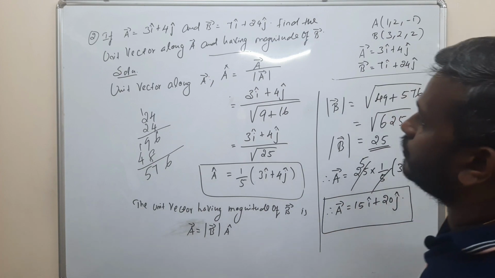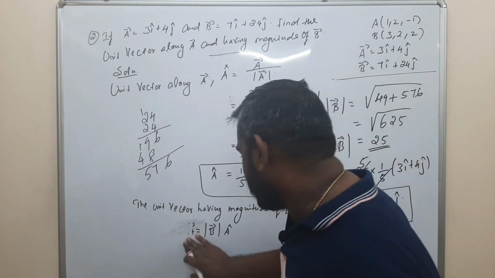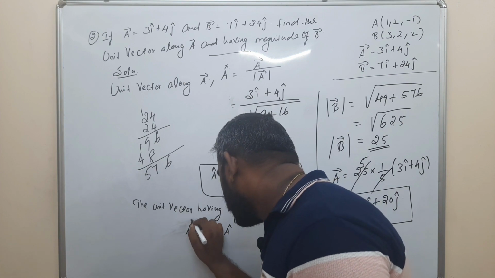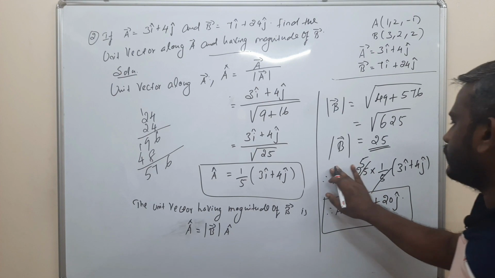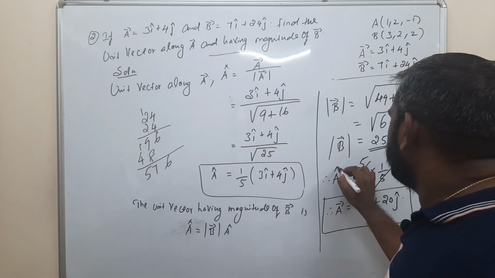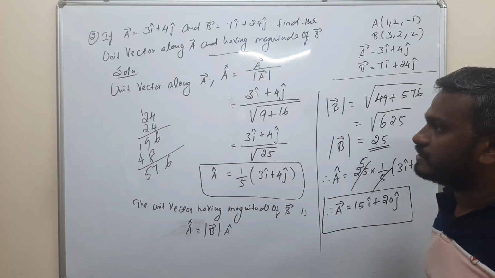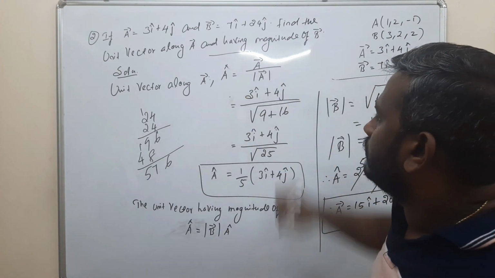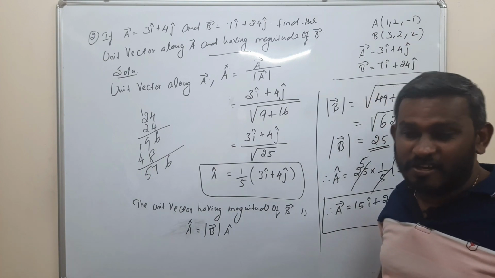Okay, so the unit vector you take, that is not A vector, that is A cap. So here also A cap, the unit vector which is having the magnitude of B vector. So first find A cap, that is A vector divided by modulus of A vector. That is the formula for finding the unit vector along A vector.